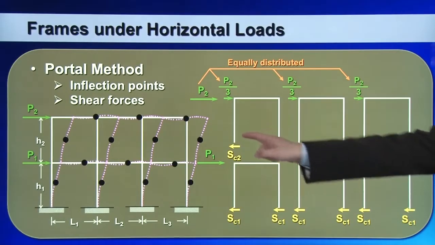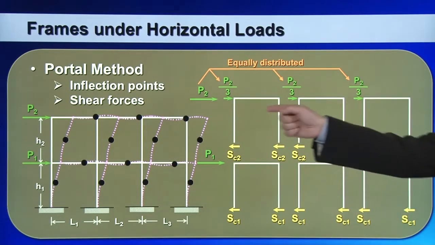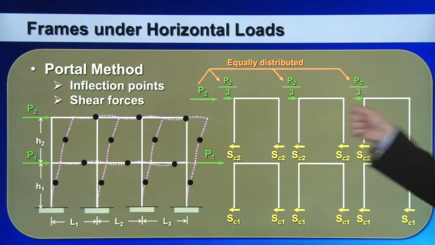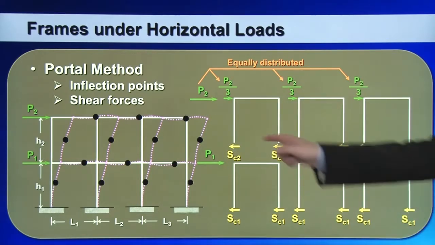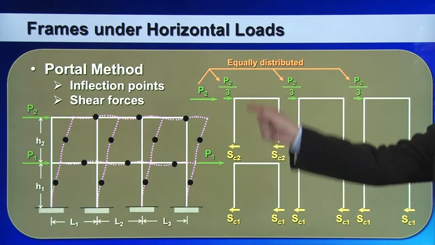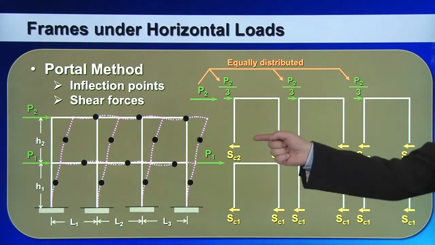So for instance, this is a 3-bay, 2-story frame structure. The 3 bays at the same story resist the same amount of horizontal force. So as a result, the shear force inside each bay should have the same amount.